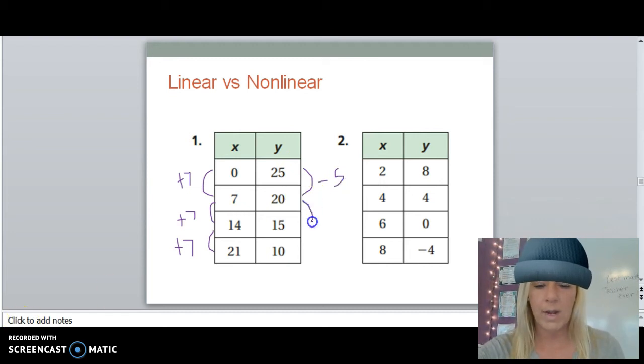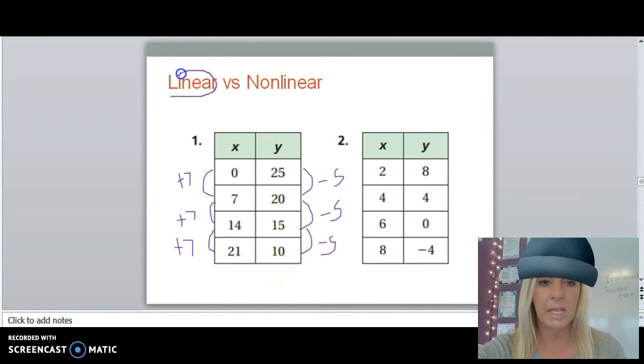To go from 20 to 15, subtract 5. And 15 to 10, subtract 5. So as x increases by 7 and y decreases by 5, this is a linear function because the x is constant and the y is constant.